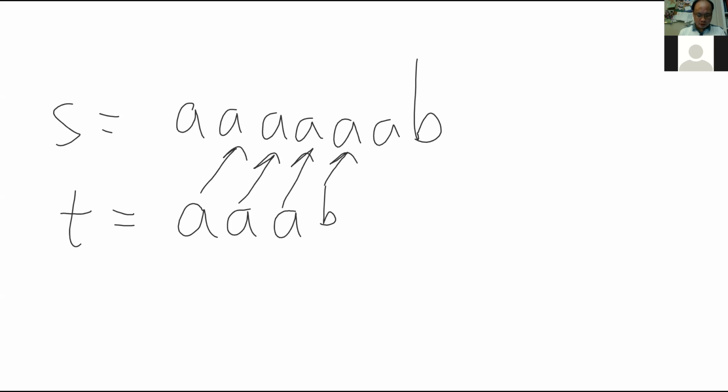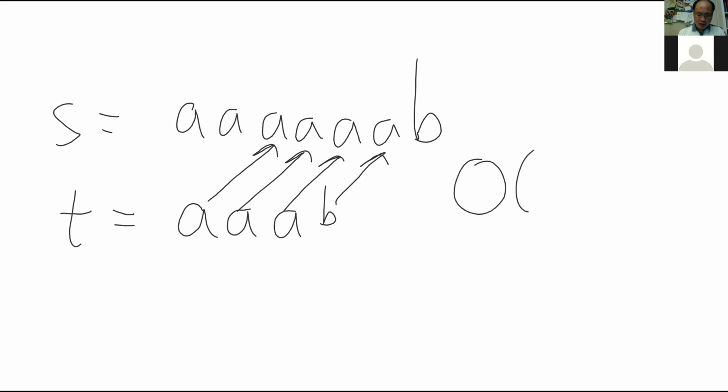Of course, 4 steps later, you realize it doesn't match, and you try again in the next position, and so on. If you do it this way, the running time is actually m times n, quadratic in the worst case. And if you use the STL version of string.find, this is exactly what happens. It's quadratic in the worst case.